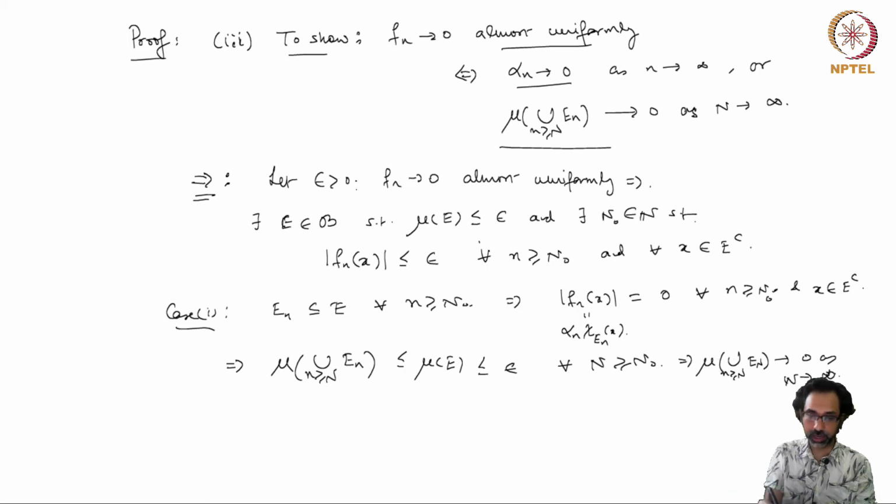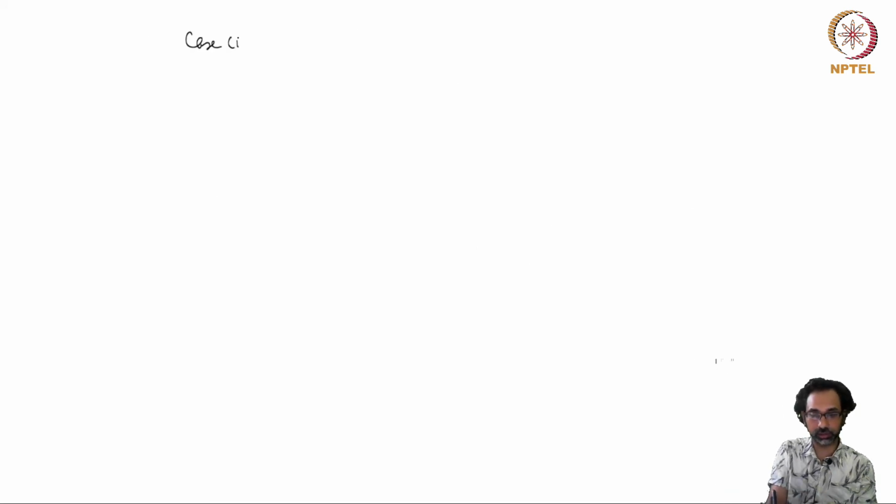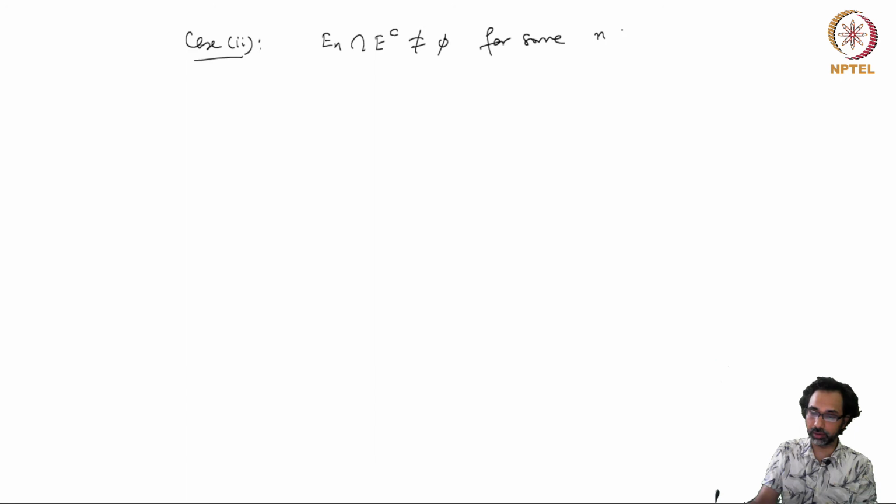Now in the second case, we have that En intersection E complement is not empty for some n greater than or equal to n naught.